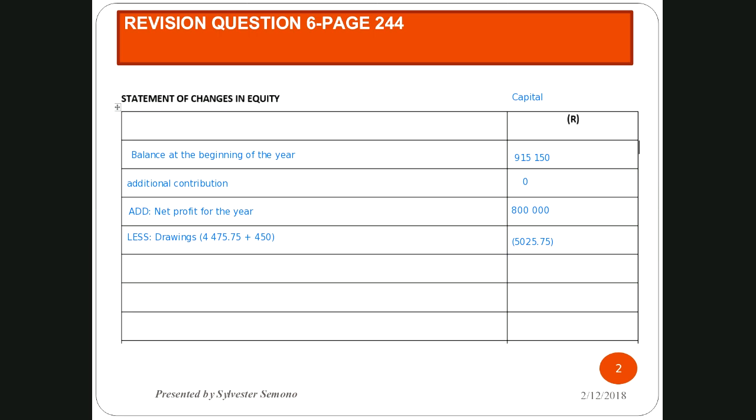So meaning you just have to take your calculator and add all the figures you see there, but remember you need to make sure that you also deduct the drawings. Please find the total for us. $915,150 plus 800,000 plus 5025.75.